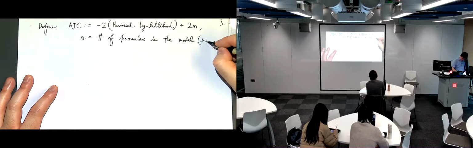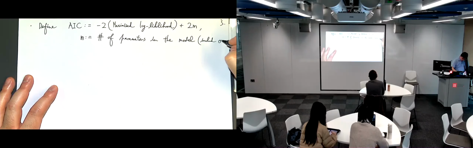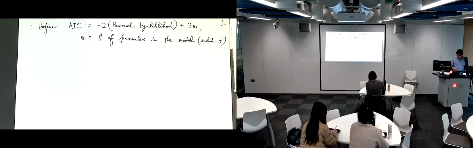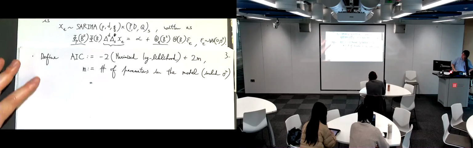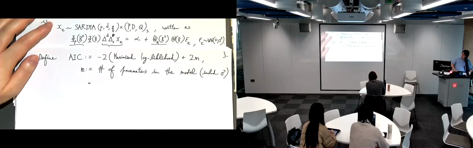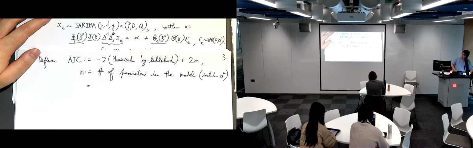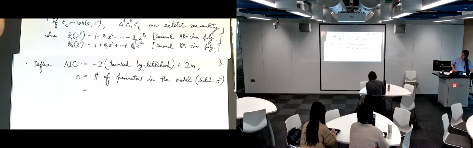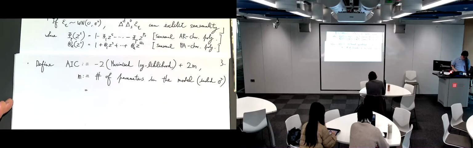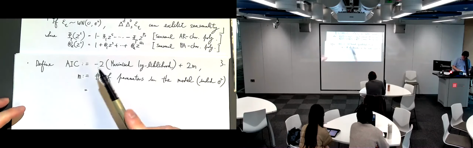Now that includes sigma square. Sigma square is also one unknown parameter. Now if you look back at the model itself, how many parameters are there? If you look at the AR and MA characteristic polynomials, both the seasonal and non-seasonal versions, in the seasonal AR characteristic polynomial, how many parameters are there?